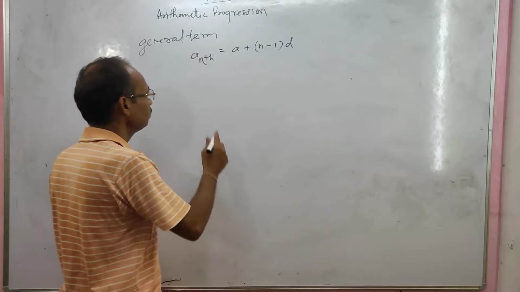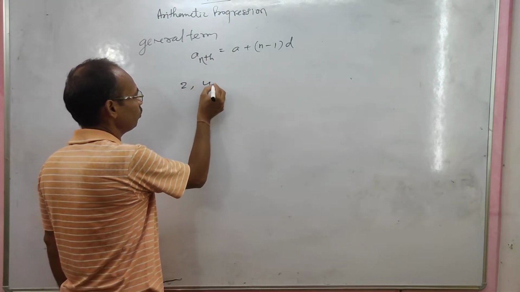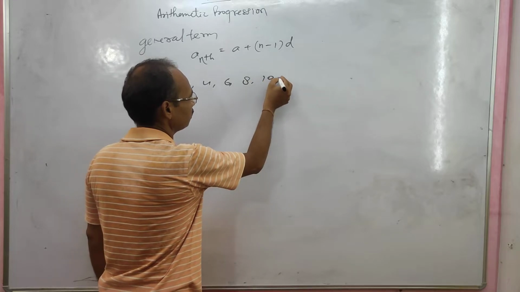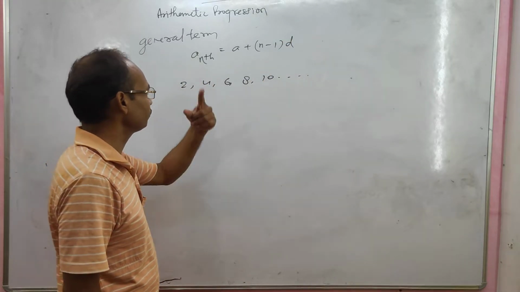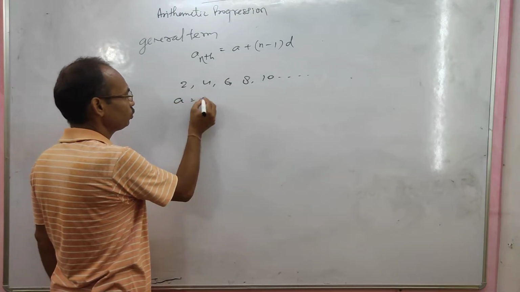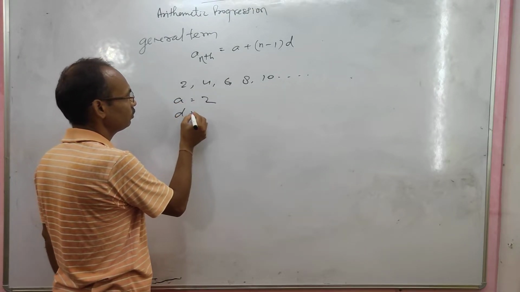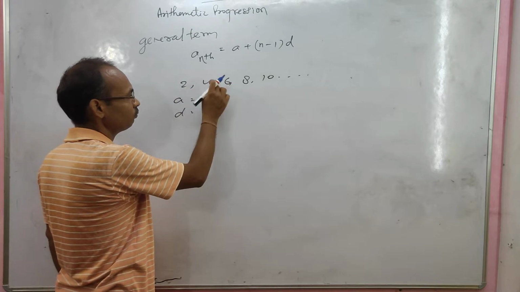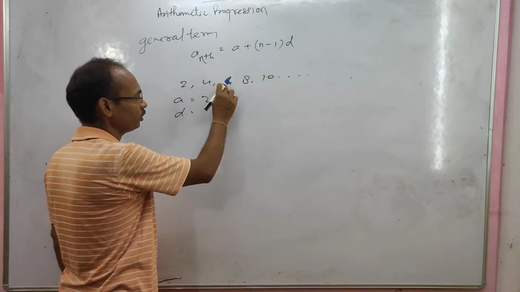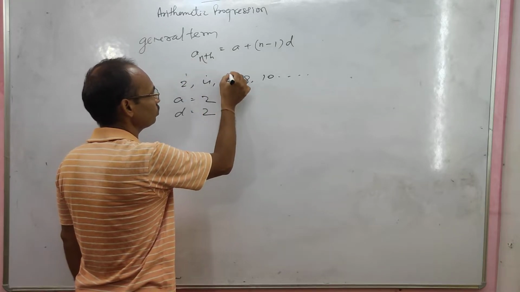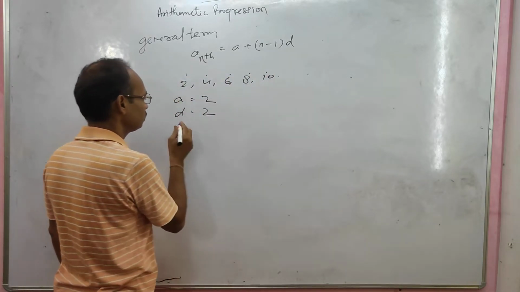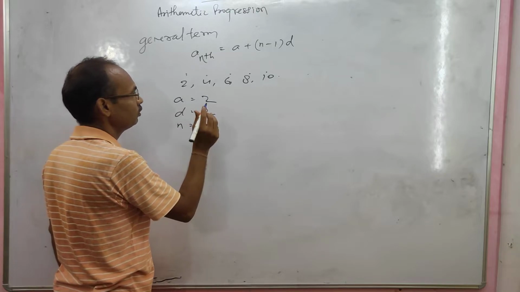It is very easy. Like 2, 4, 6, 8, 10 and so on. These are in AP. The first term is 2. The difference is 4 minus 2, 2. 6 minus 4, 2. 8 minus 6, 2. And the number of terms: 1, 2, 3, 4, 5. N is equal to 5.